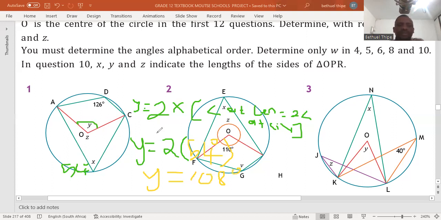This is fine because angle y is twice angle x, the angle at the center is twice the angle at the circumference, and angle x is 54. Substitute x by 54, then 2 times 54 is 108. So this is what I've obtained.